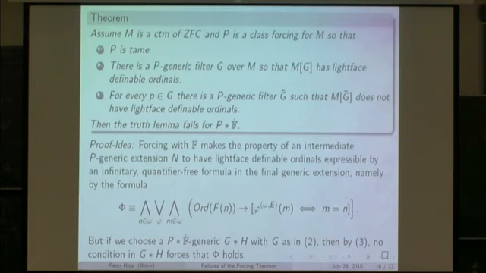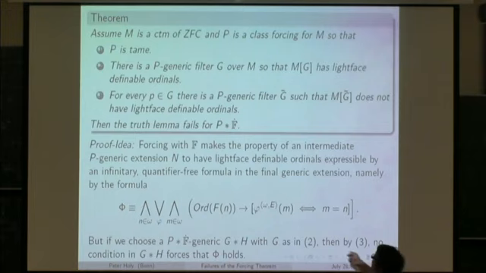But now we can first choose a generic filter for this two-step iteration with the generic G as in the second item above. So we can choose a generic filter for this two-step iteration such that the intermediate extension has all ordinals light-face definable. But then assume for a contradiction that some condition p forces that this statement holds in the final generic extension.